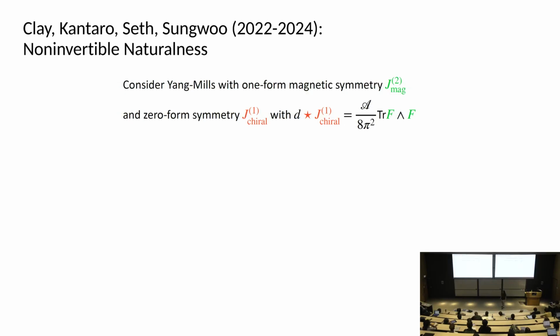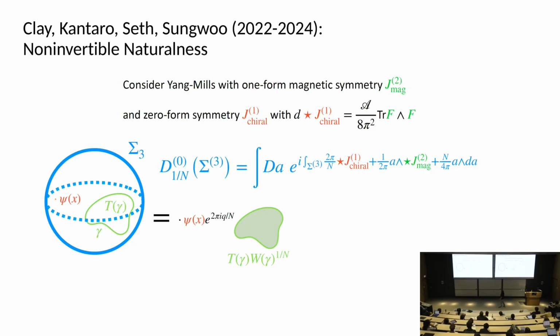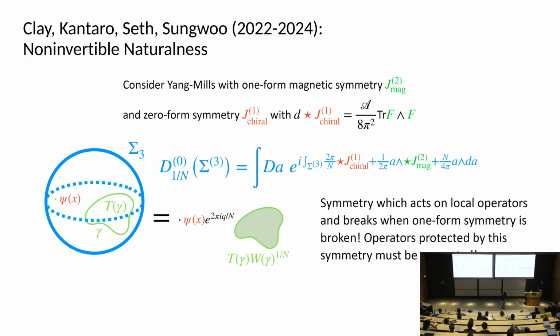And so, as we've said, before you might have naively thought that the symmetry should just be broken, but in fact we can recognize on the right-hand side that that is made out of currents. And so we can write down, in fact, this non-invertible symmetry defect operator that talks to both of these currents. And in particular, now it acts both on the local fields and on the Wilson lines.